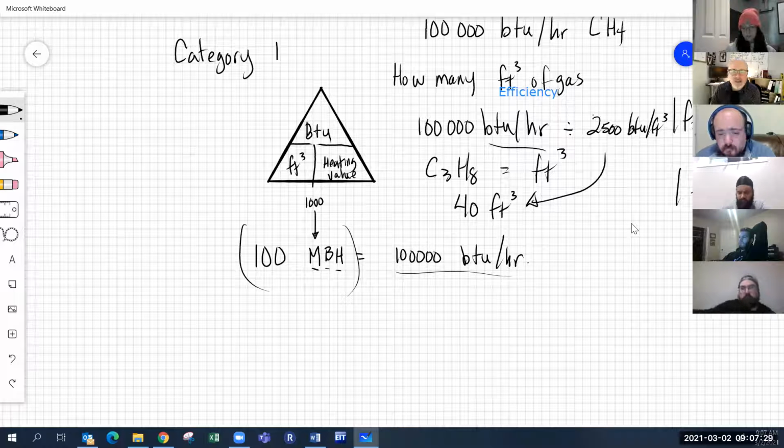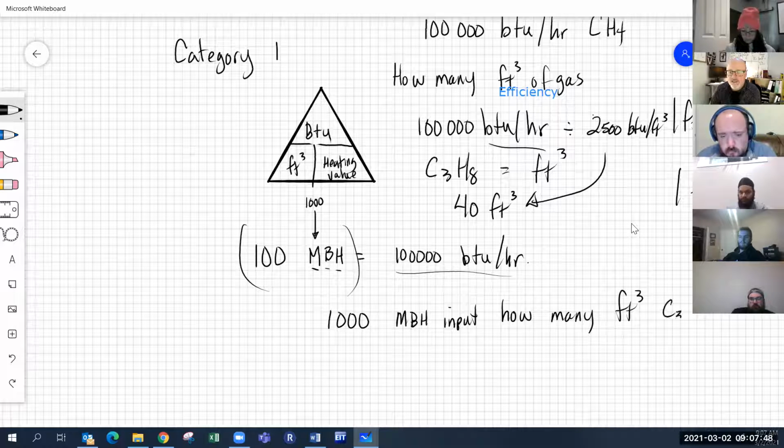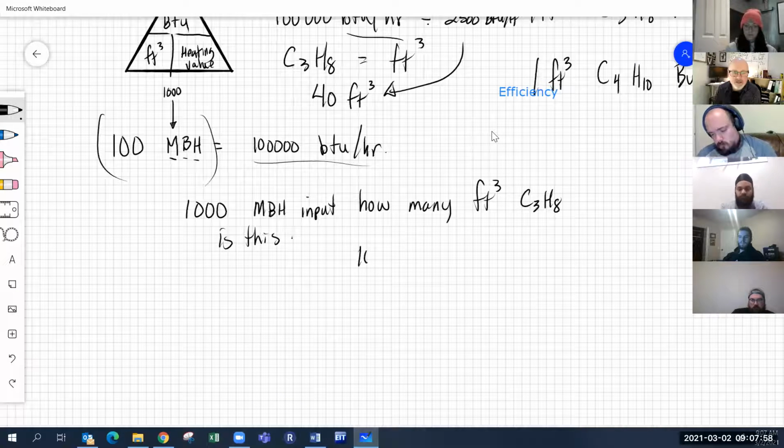So now, for example, if I had an appliance that has 1,000 MBH input, how many cubic feet of C3H8 is this? 400. So you took 1,000,000 divided by 2,500.